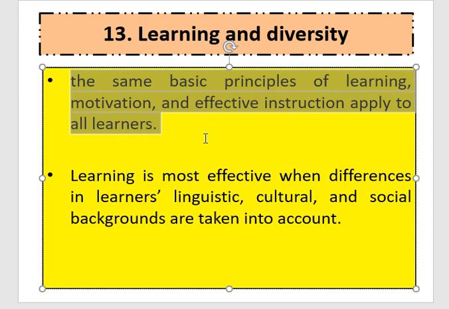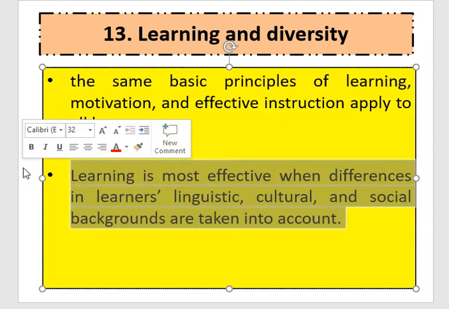So, bawat isa ay magkakaiba. And learning is most effective when differences in terms of linguistic, social, cultural, and social backgrounds are taken into consideration. Mas may natutunan or matutunan yung mga mag-aaral mo kung you are also considering na different sila from each other.